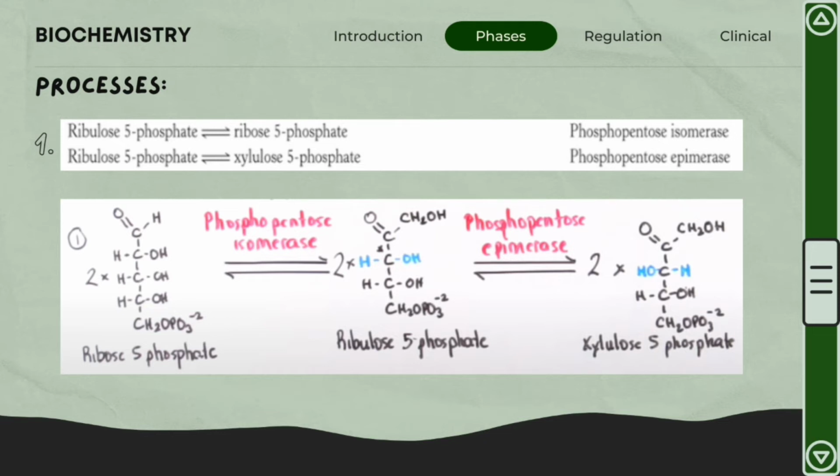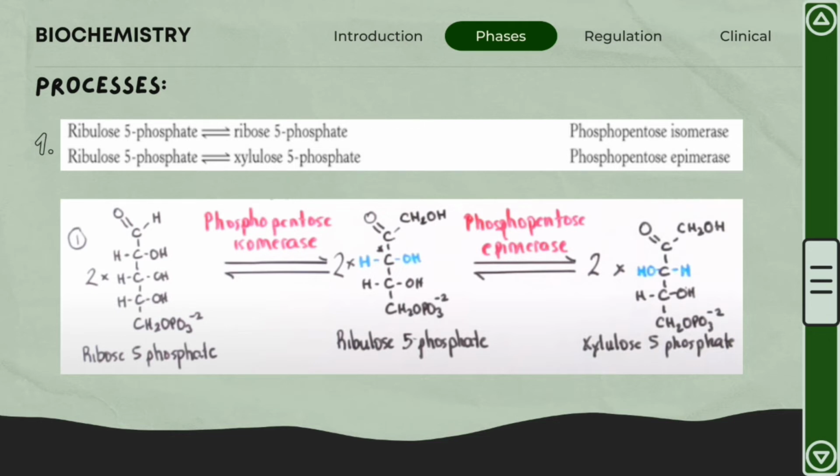This is because the enzyme in the second process of this pathway basically uses only the type of stereochemistry in xylulose. So ultimately, in process 1, we want to transform the ribose 5-phosphate into xylulose 5-phosphate. And notice that we begin with two of them.